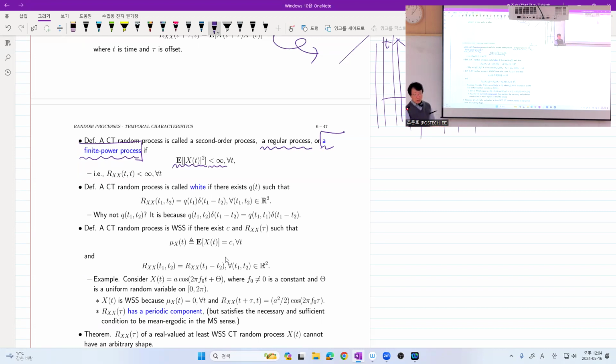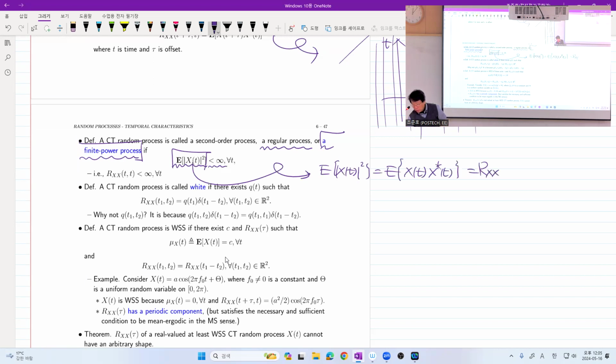Now, what about an alternative definition of the finite powerness of a random process in terms of the autocorrelation function? Let's modify this a little bit. The magnitude squared of a complex number is simply the argument times its conjugate. And what is this?